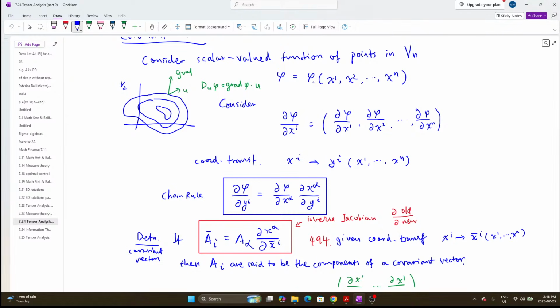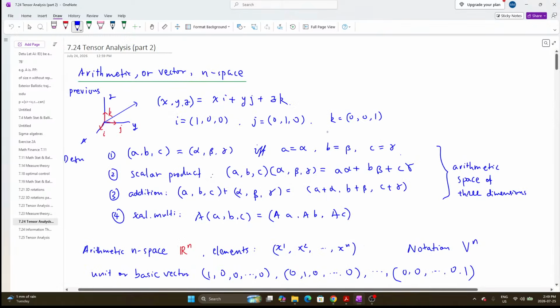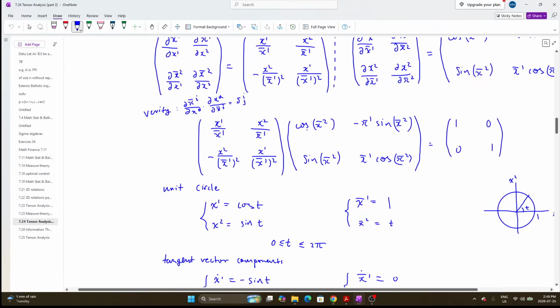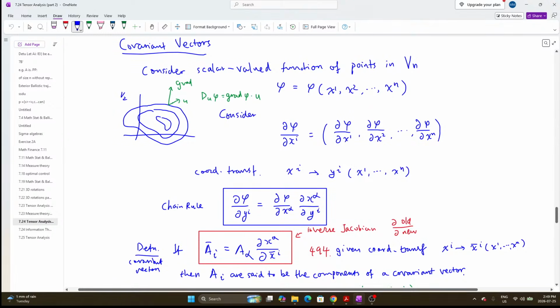Suppose phi is a function on points, and the point is a geometric object. It has nothing to do with coordinate system, but it can be represented using n numbers, x1 all the way to xn. For the moment, if you consider this as the Cartesian coordinate, taking the partial derivative gives you the gradient vector, d phi over dxi.